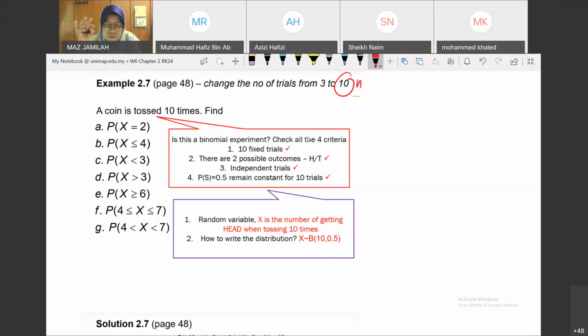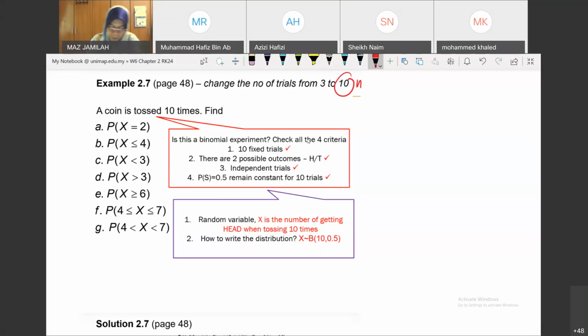Of course, there will be approximation of binomial to Poisson and so on. We'll see why we can approximate that. But bear in mind, once you get your question, check which criteria the question fulfills. If you are checking for binomial, then check all four criteria that you have.